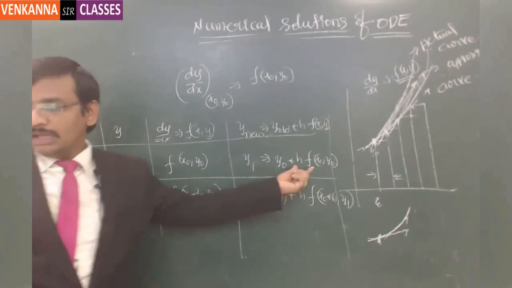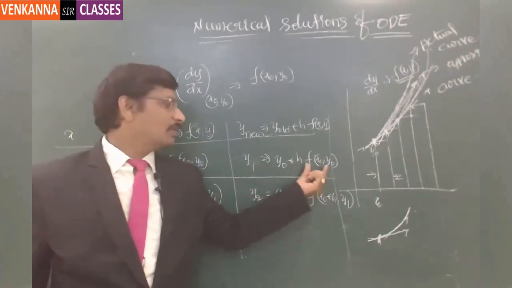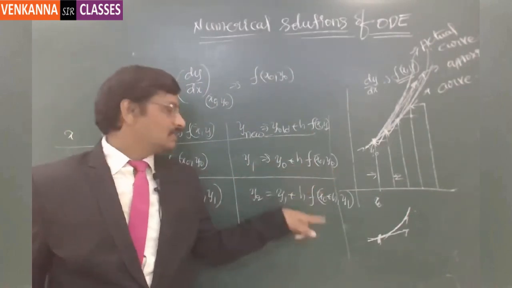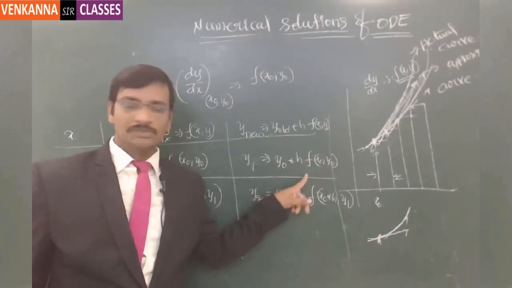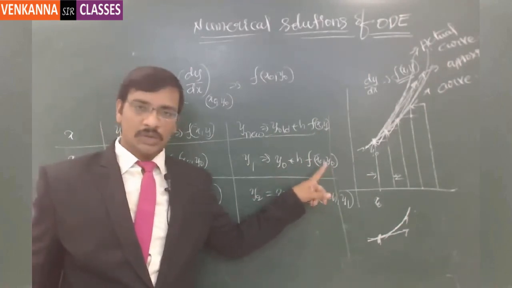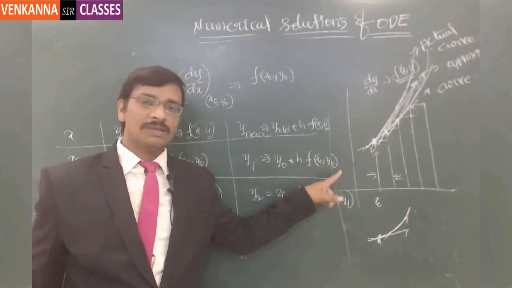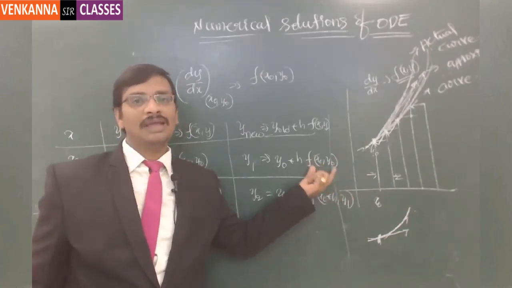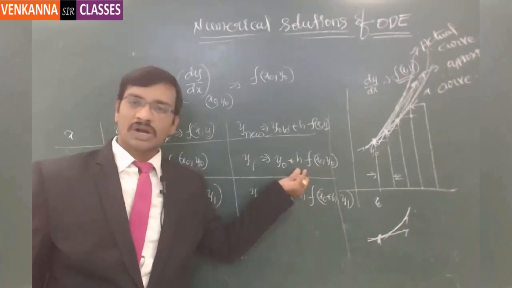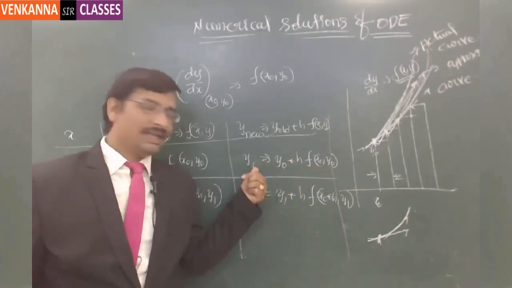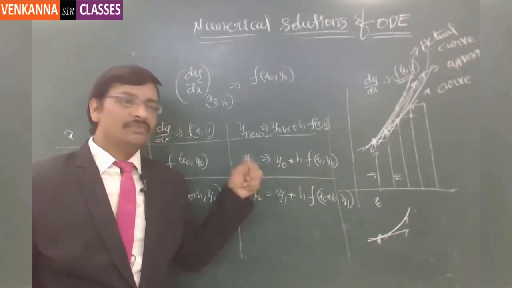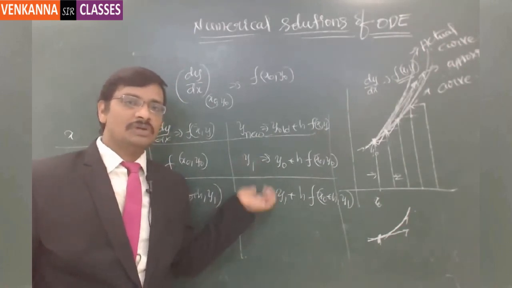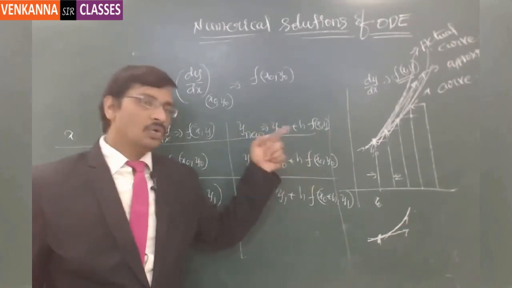So here h is no more getting multiplied by f of x naught y naught. It is going to be h by 2 times f of x naught comma y naught plus f of x naught plus h comma y1. So we take the average of these two values and then get the value of y1 again. Then again make use of this y1 value in the next iteration to correct the same y1.